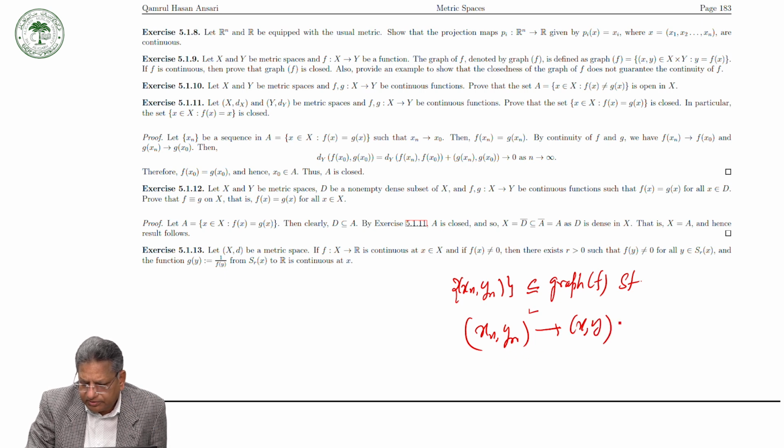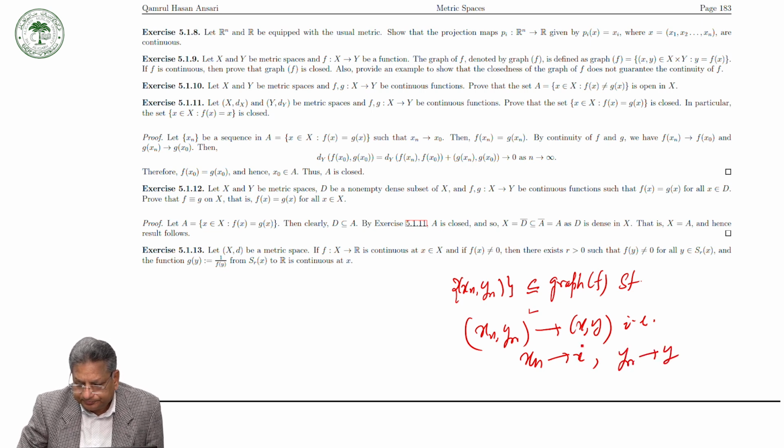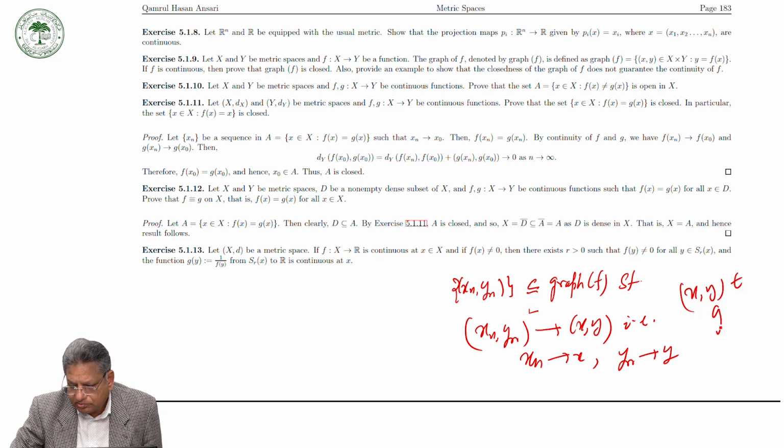It means that x_n converges to x and y_n converges to y. Then you will have to prove that (x, y) lies in the graph of f. That is, you will have to prove that y is equal to f(x).